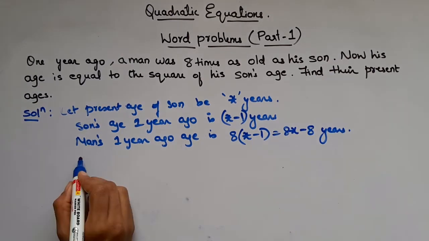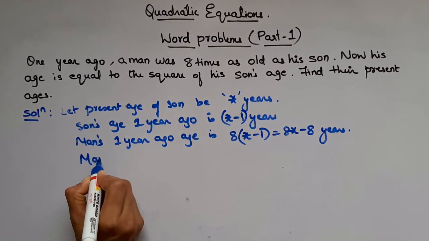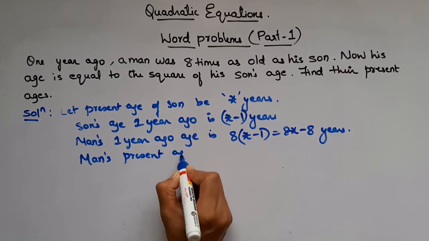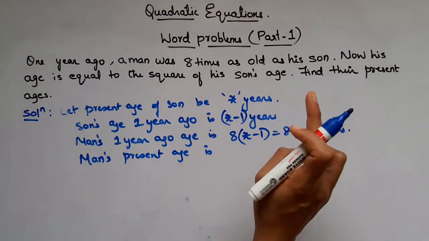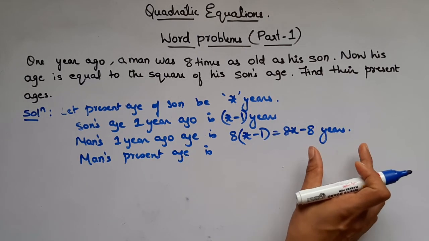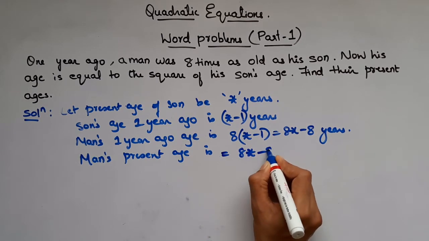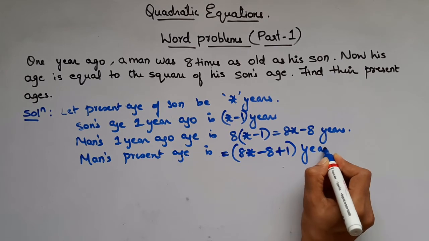Now what is man's present age? This is his age 1 year ago, so when you add plus 1, that will give you the present age. That is 8x minus 8 plus 1 years.